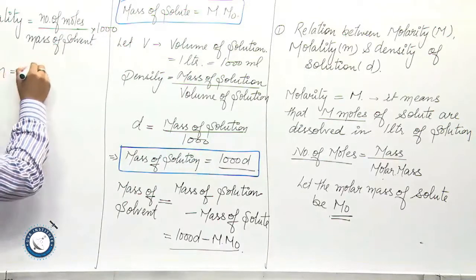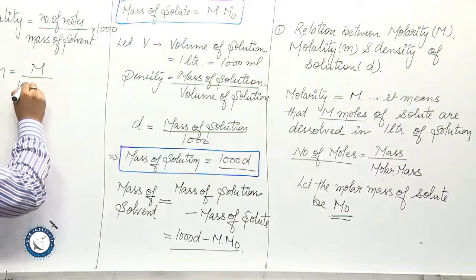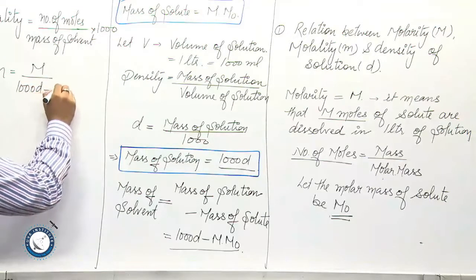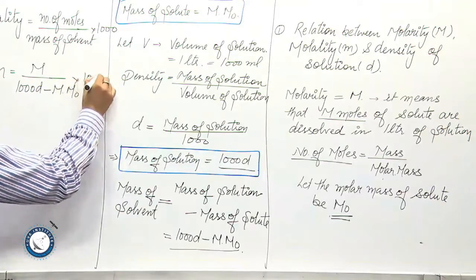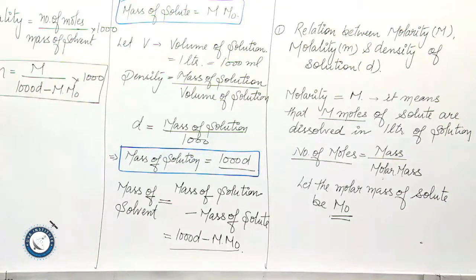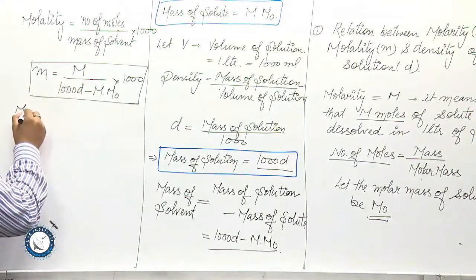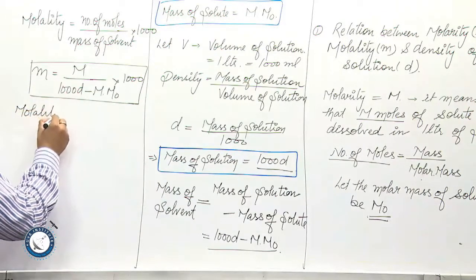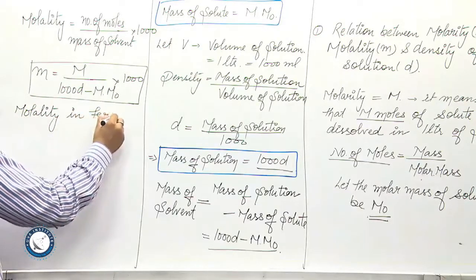So m is equal to number of moles is M, mass of solvent is 1000 D minus M into M naught, into 1000. Tell me, clear to everybody? This is molality in terms of molarity.